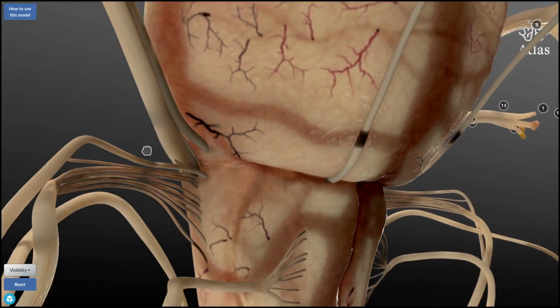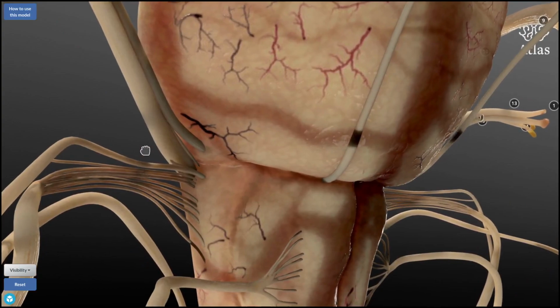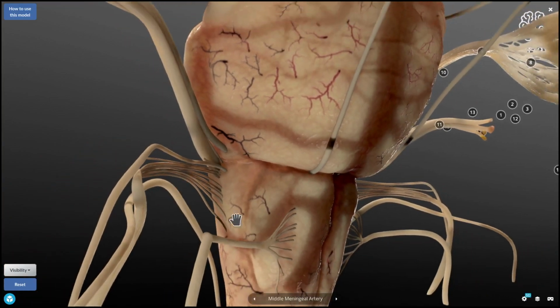So we mentioned where there is a 7 and 8 and a 12, it means there's a 9, 10, and 11. If you go back here, you know that the 12th cranial nerve comes out between the pyramid and the olive. Here behind would be the rootlets of the 9, 10, and 11 cranial nerves.